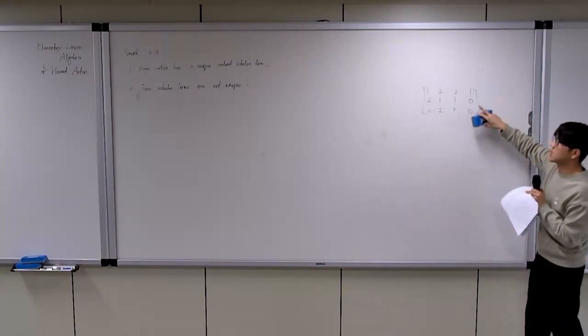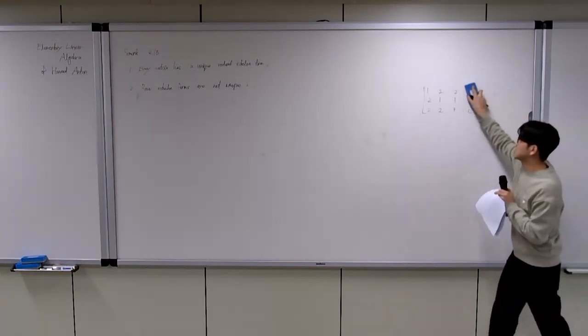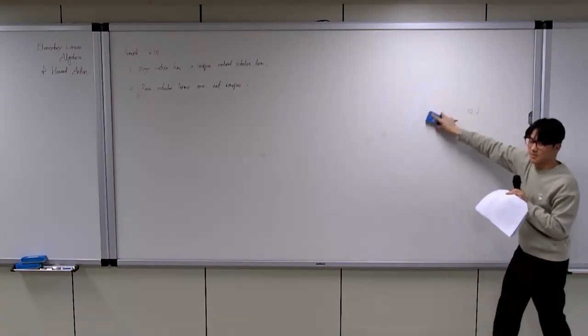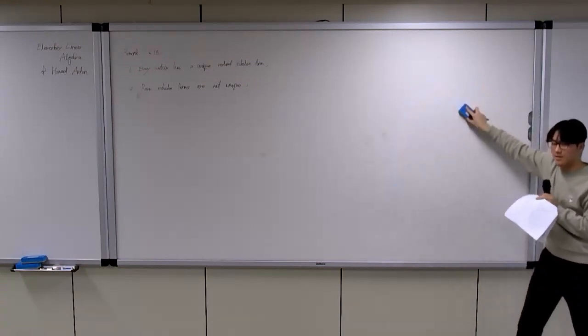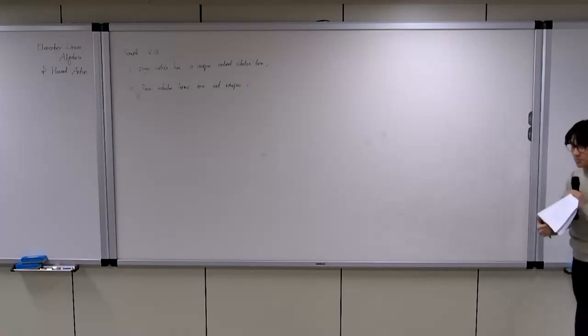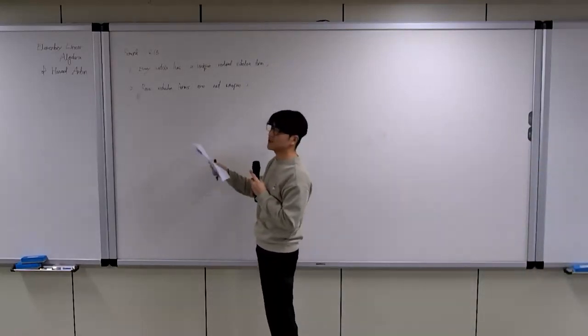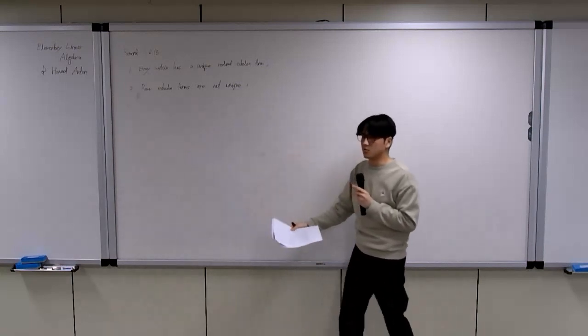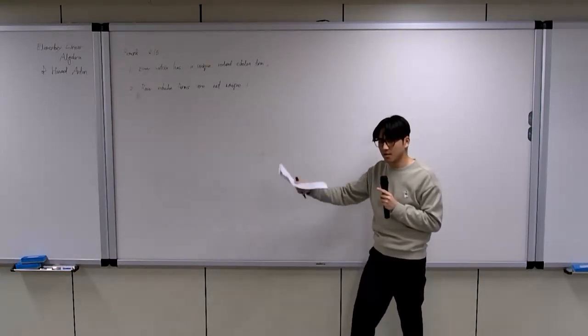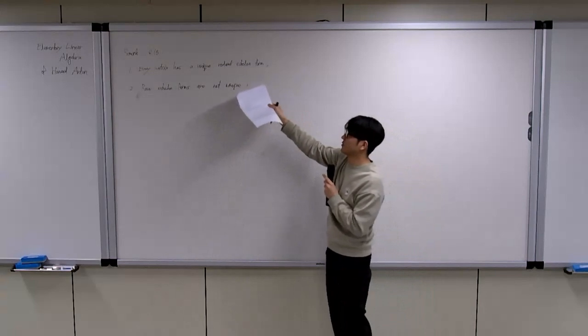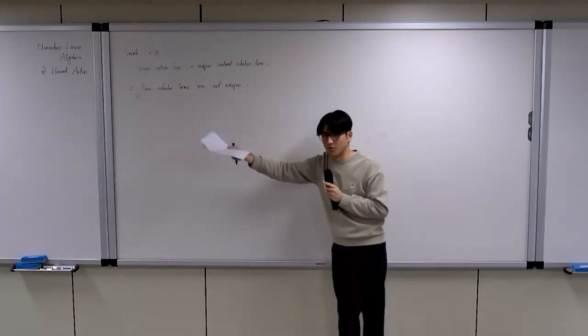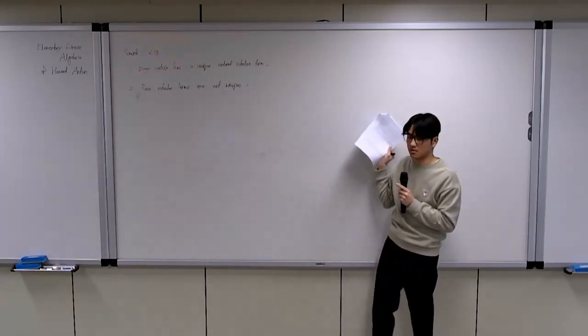If we change, the row echelon form might give another form, another matrix. But finally, if we use Gauss-Jordan elimination, then it will give a unique solution set.